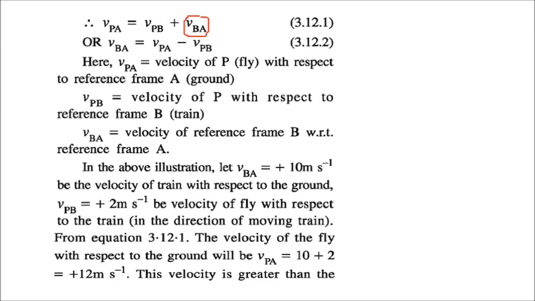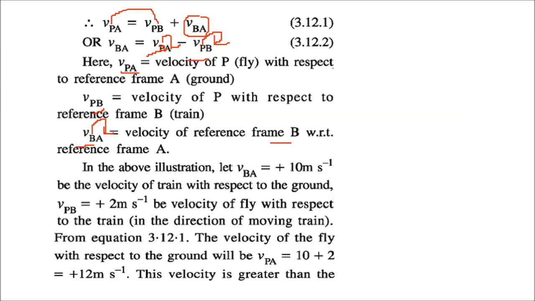VBA will be VPA minus VPB. So VPA is what here? Velocity of P, the fly, with respect to the reference frame ground. And what is VPB? The velocity of P with respect to the reference frame which is the train. And what is VBA? The velocity of reference frame B with respect to the reference frame A.